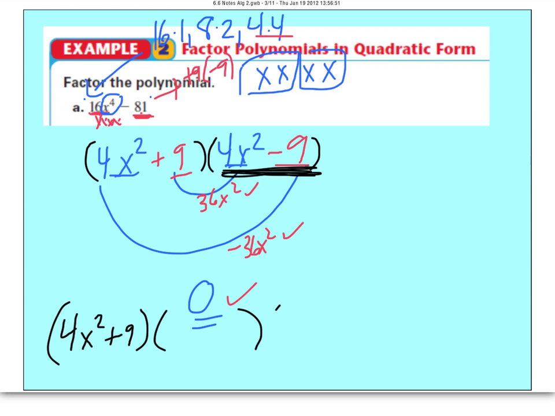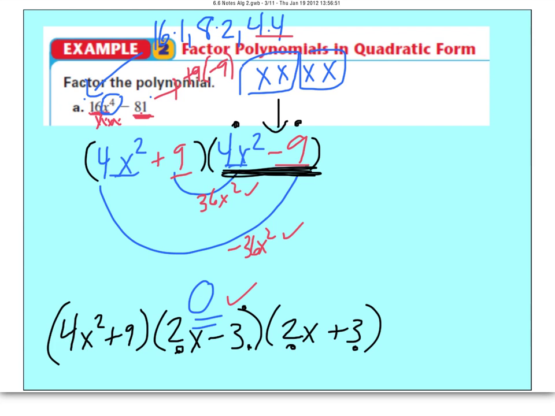So I'm going to factor it into two groups. I have to put 4x squared here. So I'm going to break the x's up. Again, it's either 4 and 1 or 2 and 2. I'm going to try 2 and 2. The negative 9 has to go here and here. So it's either negative 9 and 1 or negative 3 and 3. I'm going to try negative 3 plus 3.